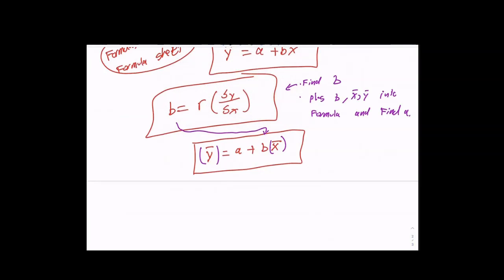Yeah, we'll do an example, two examples technically. So here's the example. It's going to be a little bit of writing. I'm going to write down the context of the problem, and then we'll actually do it.